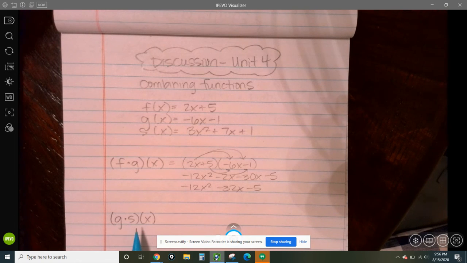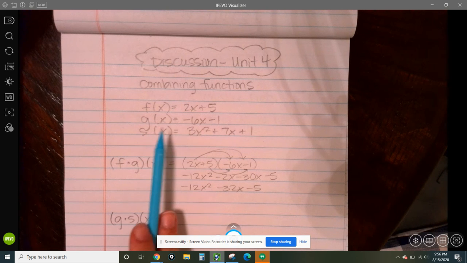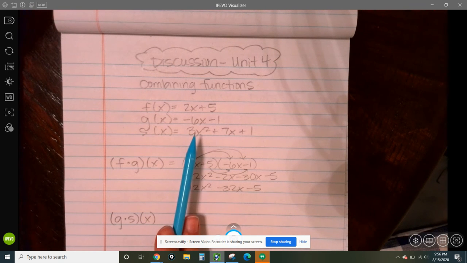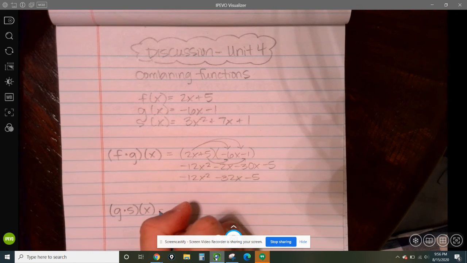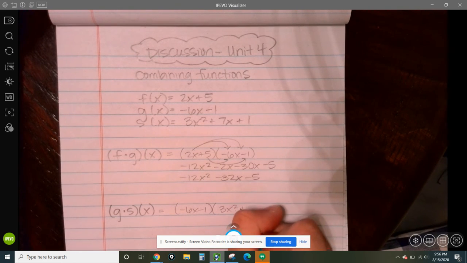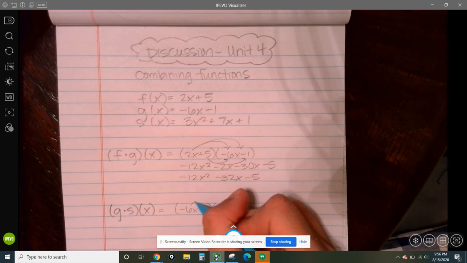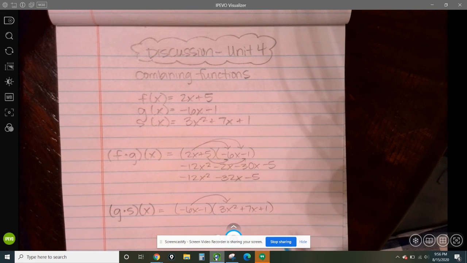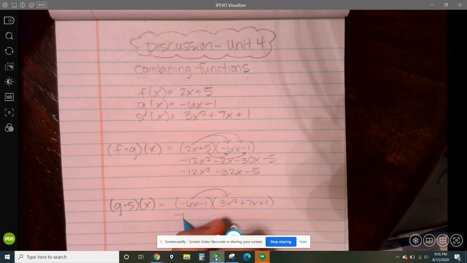Let's look at this one. If I take g times s, I have this linear times the quadratic. I'm going to write that out: negative 6x minus 1 times 3x squared plus 7x plus 1. When I multiply this out again, the only thing that's going to matter for this question is what happens with this x in the front here. Negative 6x times 3x squared is negative 18x to the third now.